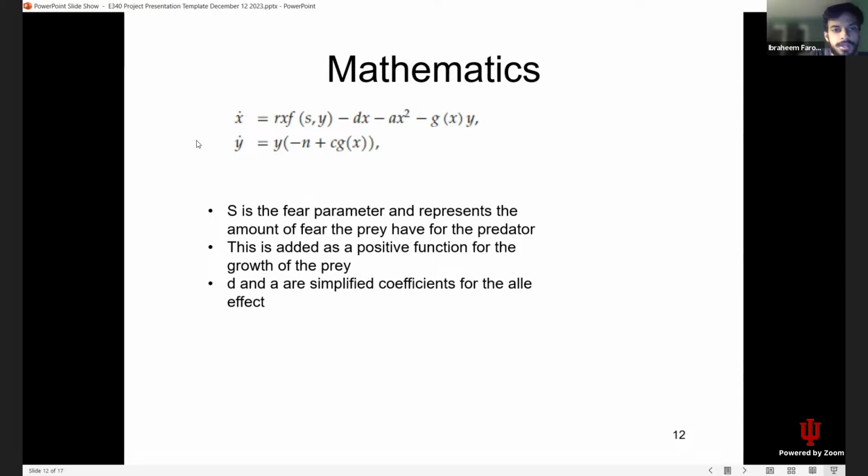And then here the y is basically the same. Negative n is the intrinsic decay rate of the predators, aka the death rate. C is the predation effectiveness, and g of x once again is just x.